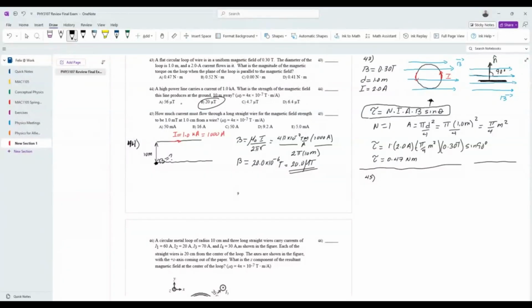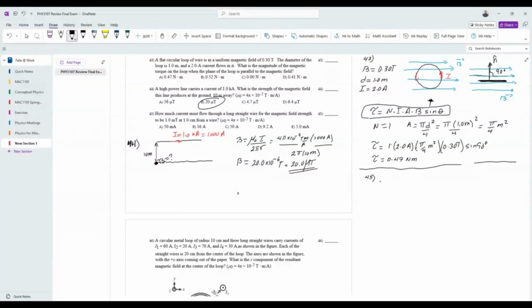So it's exactly like the previous problem, 44. In 44, you were asked to calculate the magnetic field at a given distance. In this other one, you are asked to find the current for a given magnetic field at a given distance.